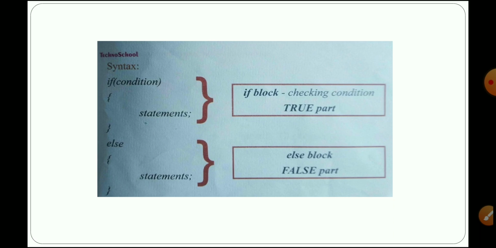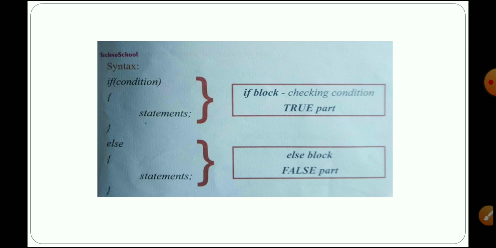Now we have to check the condition, if i less than or equal to 10. Let us apply the value 8. The value of i is 8, and 8 less than or equal to 10. Is the condition true or false? The condition is true now.